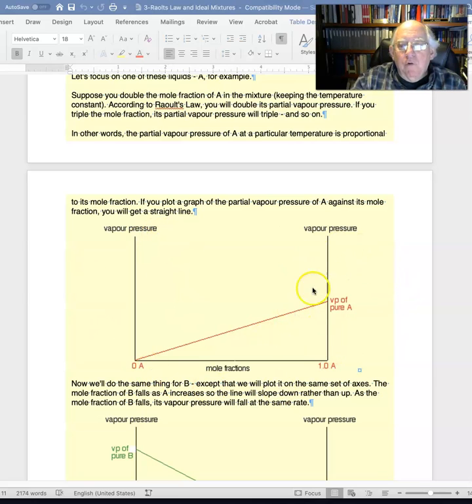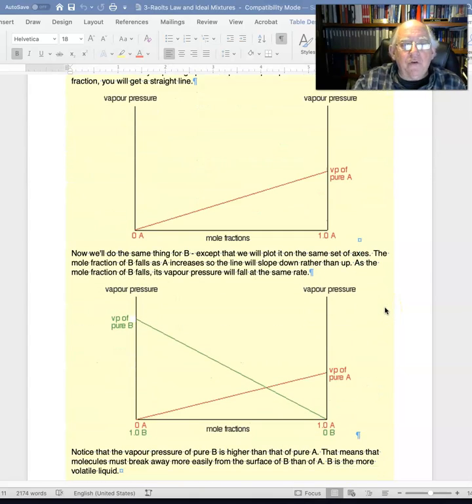Over on the left-hand side, if all we had was A, the vapor pressure of pure A would be this amount here. And then for any mole fraction less than 1, we see a proportional decrease in the vapor pressure going down to 0.